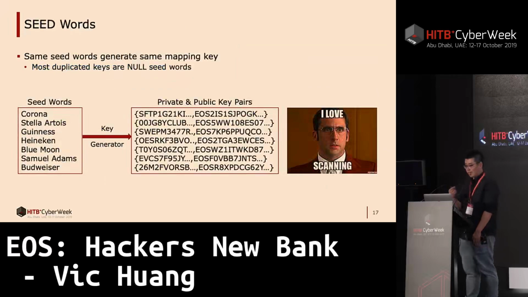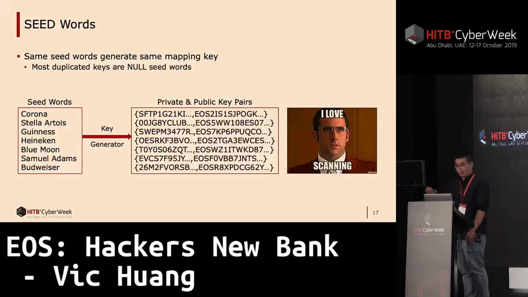So as a hacker, how can we abuse the tools? Through the news that a null seed word leads to the same key pairs, an attacker can use a dictionary or tools to automatically generate a list of common seed words and key pairs.